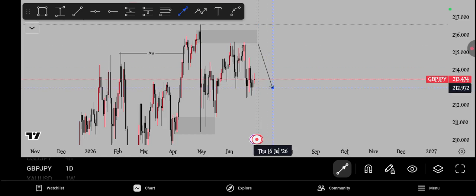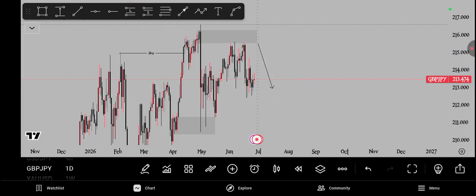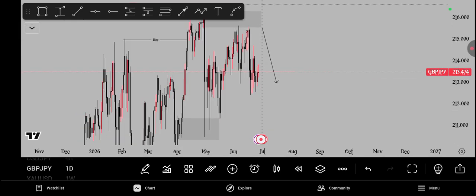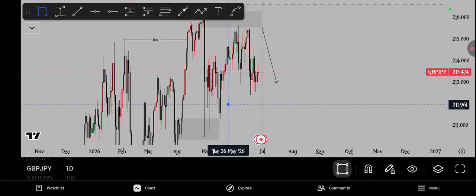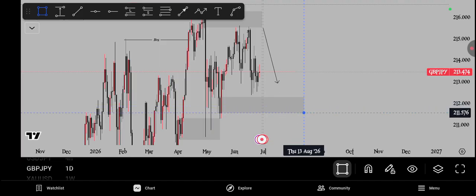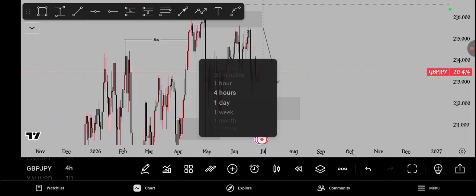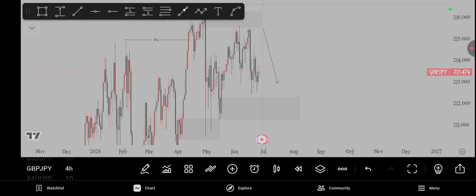Bearish. So on GBP JPY we are bearish. We have this demand here. If we want to look out for buys here, we can wait for this demand, but going forward to get a clear structure.